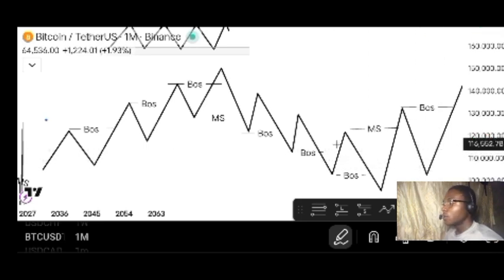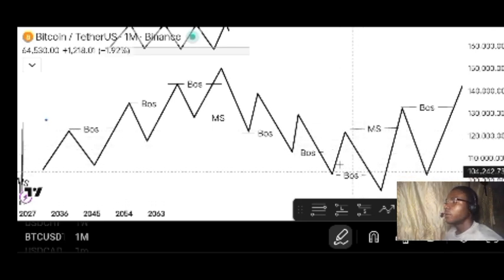Instead of continuing to create the same thing over and over again, price tends to pull back here, not even respecting this last lower high. It just goes boom, break of structure.